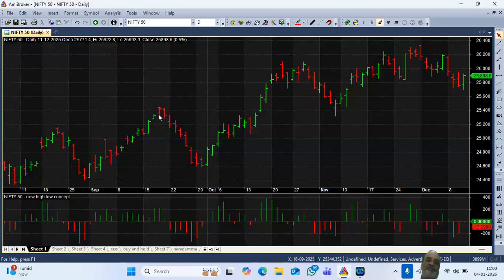And on the very next day, you see that the open itself is high and the range is more, and though a new low is not made, the close is near the high, very much near to the open. This bar closed below the open after a good run of 10, 12 days, which is a point of suspicion.